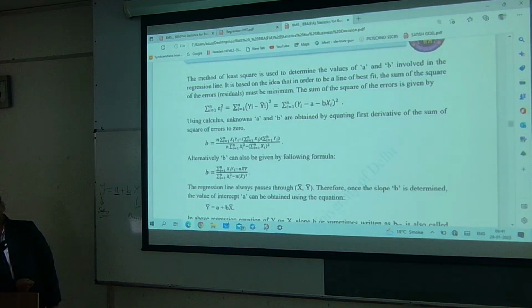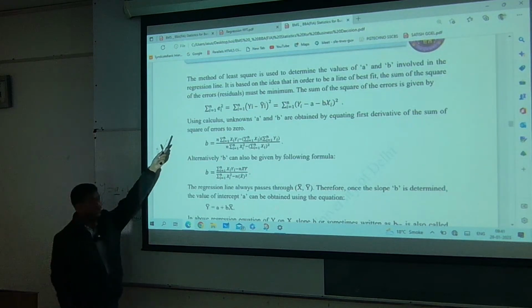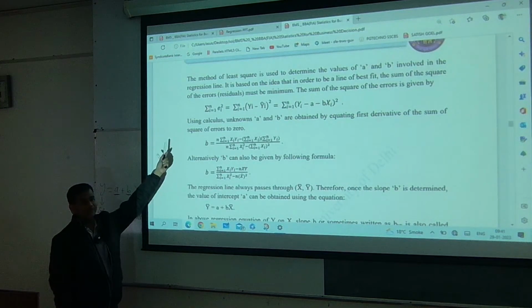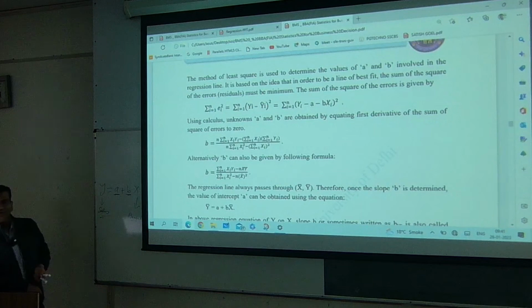This formula is obtained with the help of the principle of least squares by minimizing the errors, by taking the derivative of the error terms and equating it to 0 with respect to A and B, and you get two equations. So B is this, and similarly you can obtain the formula of A.